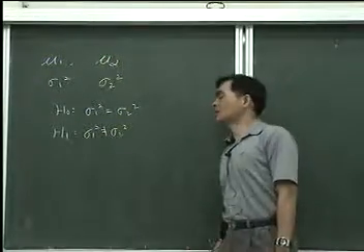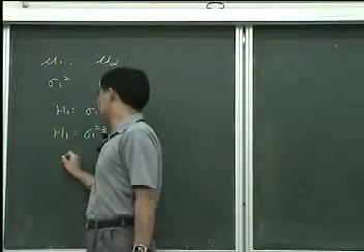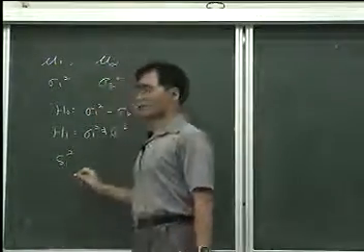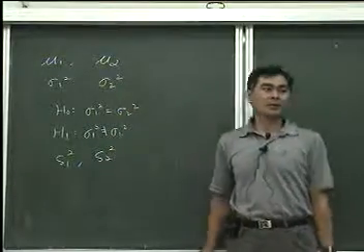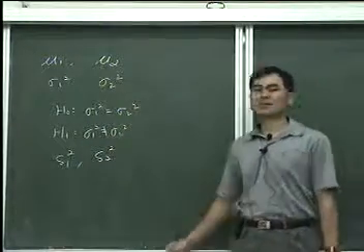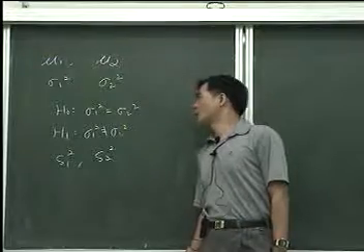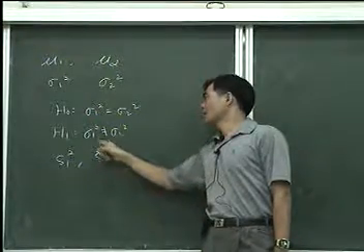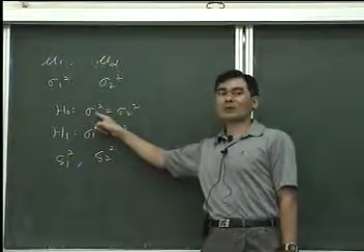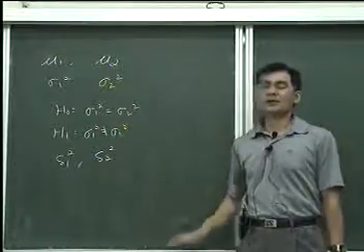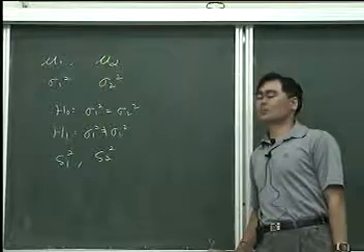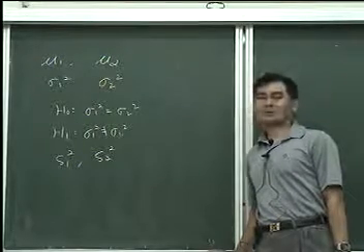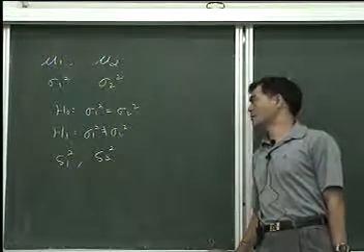So basically, we need to use the sample variances S1 square and S2 square as a statistic, as an estimator for sigma 1 square and sigma 2 square. And then we need to find out what kind of distribution to use in this kind of hypothesis test.